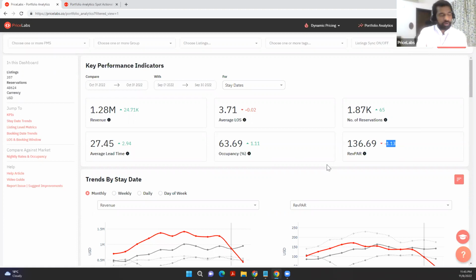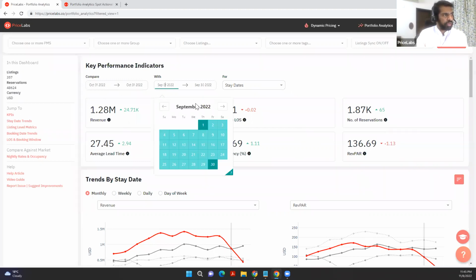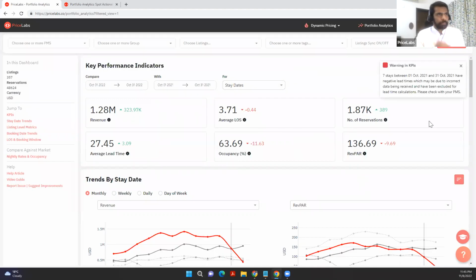So that's not as good a metric. But what this can quickly allow you to do is compare periods. For example, I've just compared October to September, but I could also go in and compare last year October, if I just wanted to see how my metrics were doing last year compared to this year.